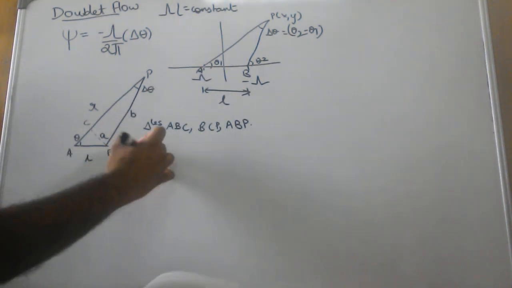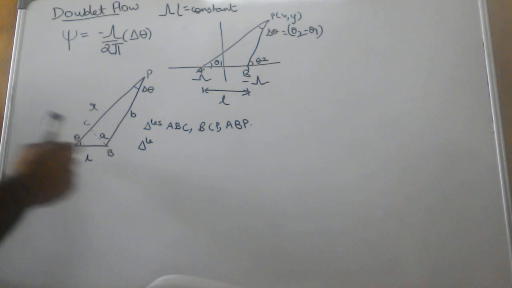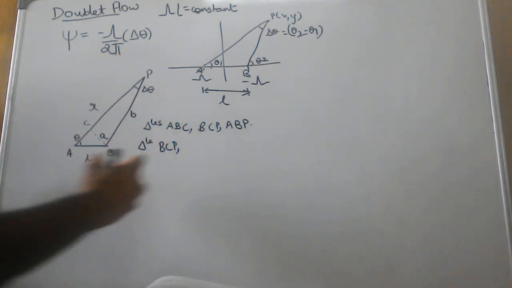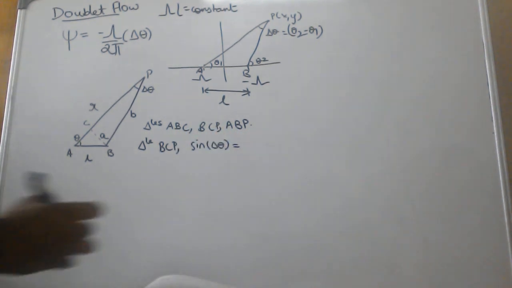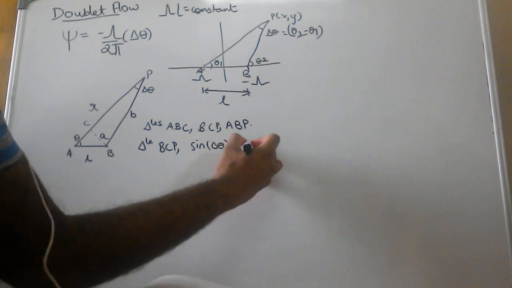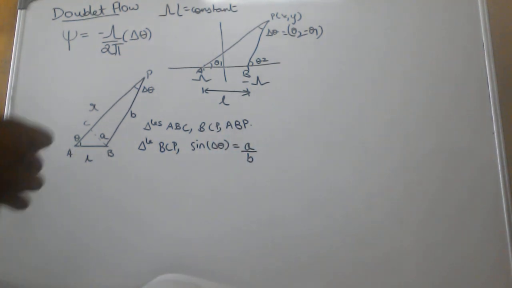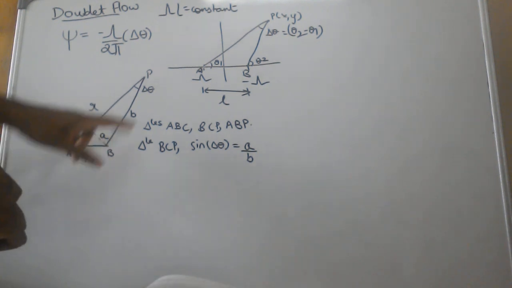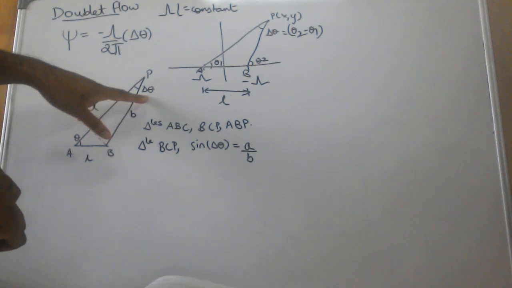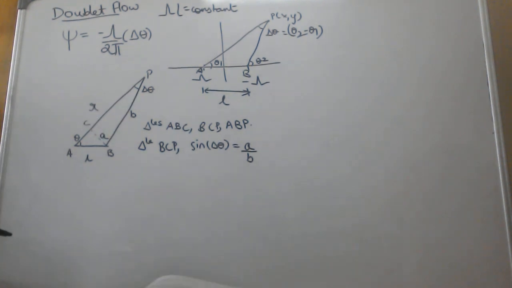First of all, from triangle BCP, we can say that sine of delta theta is equal to A by B. Now, as I said, as L approaches 0, the value of delta theta is going to be very, very small, very close to 0, and for very small angles it's a very well known result that sine theta is almost equal to theta.